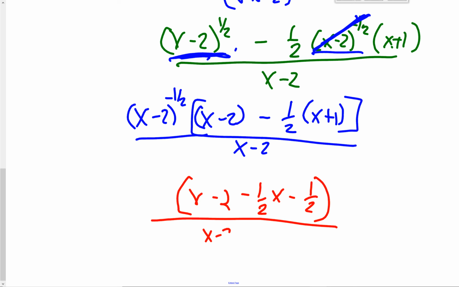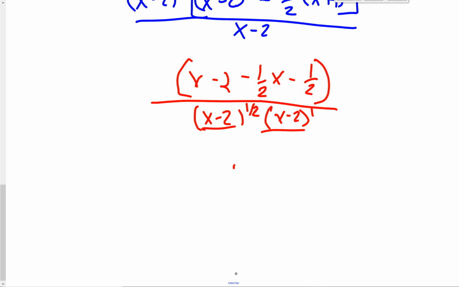So we get x minus 2 to the positive 1/2 times x minus 2. And so those are the same base. So we can go ahead and add those exponents. So we get x minus 2 minus 1/2 x minus 1/2, which we can simplify, right? Minus 2 minus 1/2, it's minus 3/2, right? Oh, and we can do those x's too.